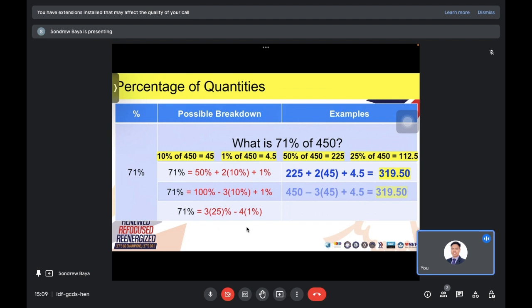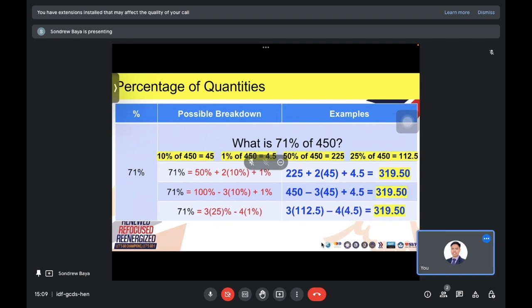So you will get 450 minus 3 times 45 plus 4.5, still giving you the same answer. So 71% of 450 is 319.50. And finally, the last breakdown will still lead us to the same answer. So this is 25%, which we were able to get earlier, and this is 1%. Okay?